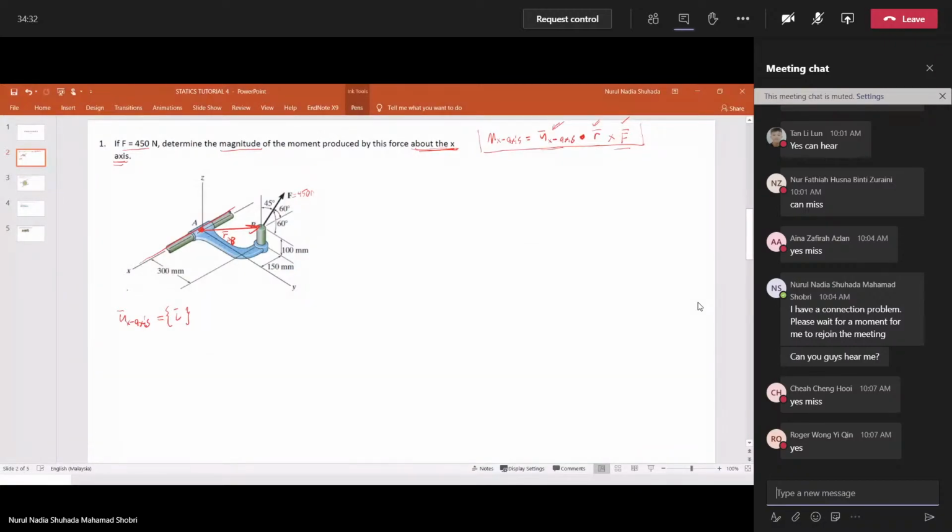You have to know the coordinates first. A is 0, 0, 0, and B is negative 0.15, 0.3, 0.1. I directly converted from millimeter to meter.